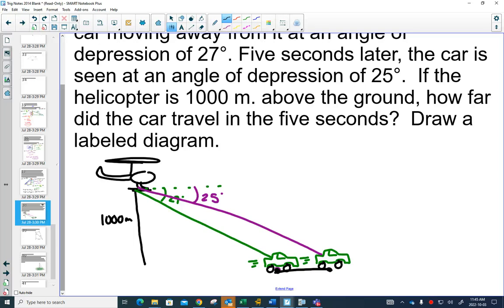Some people do this. So here's triangle number 1. We'll do triangle number 1 in blue. They extend this line here and this one here, and that's 90 degrees because it's straight up and down. And if the helicopter's 1,000 meters above the ground here, does it make sense that this would be 1,000 meters over there?